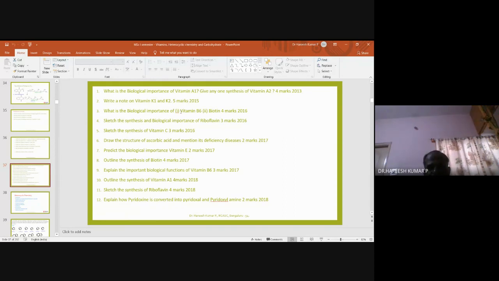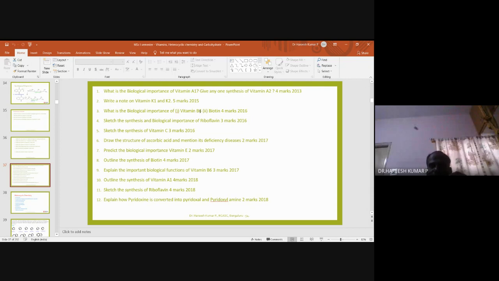What is the biological importance of vitamin B6? B6 means, again, it is pyridoxal. Pyridoxal phosphate is a coenzyme required by the enzyme that catalyzes certain transformations: amination, racemization, decarboxylation.